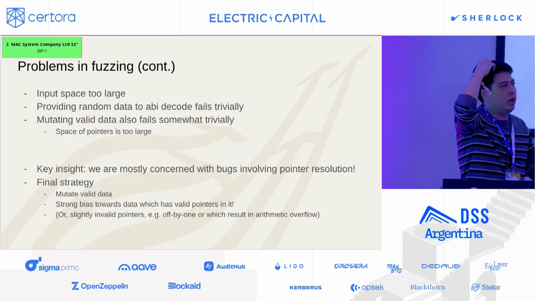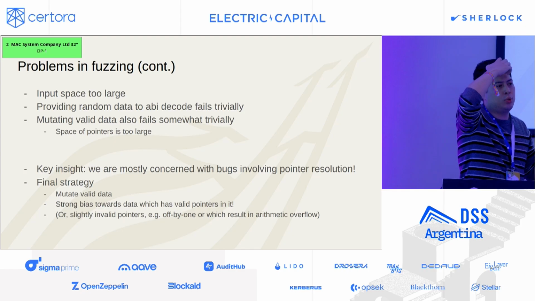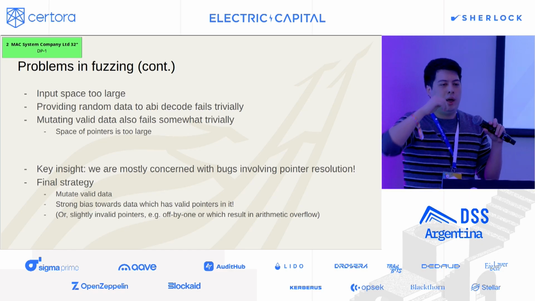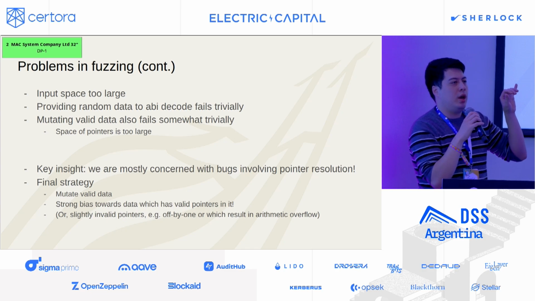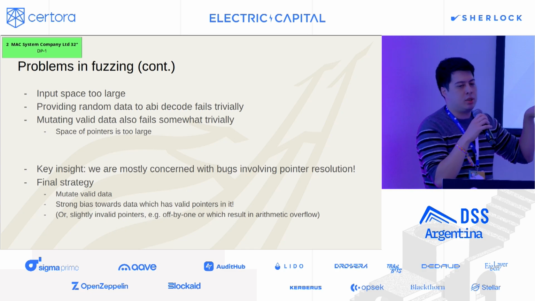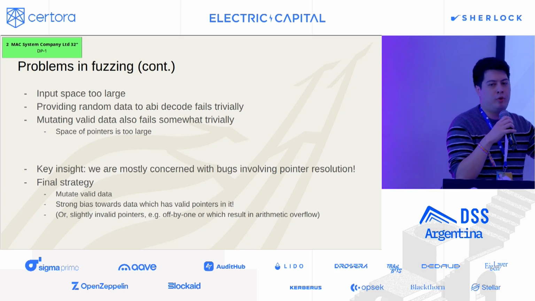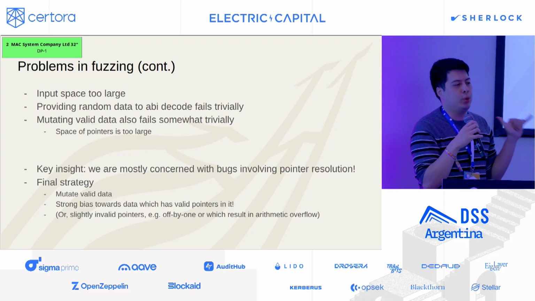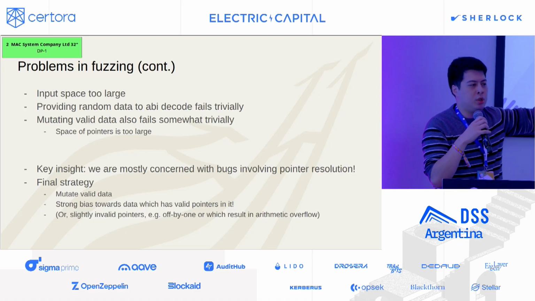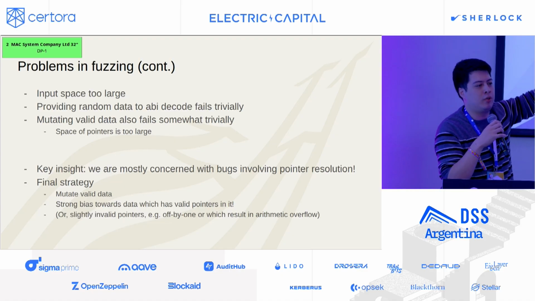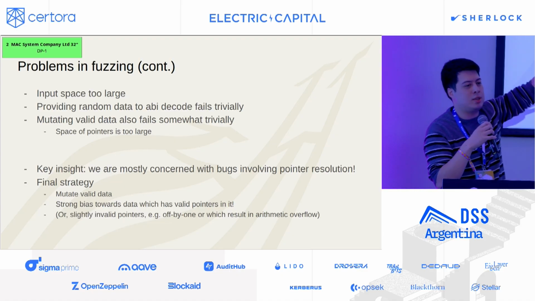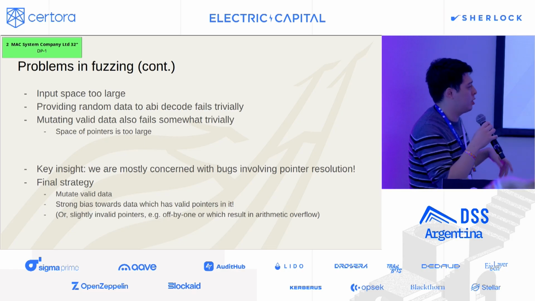That's like, I don't know, what, 8 to the 128 is the size of the input space. And also any given pointer, which is something that could be a problem for us during decoding, is a uint256. And that's a huge thing. We could run this until the heat death of the universe and never find a bug. And I just did this naturally because I think about the heat death of the universe all the time.